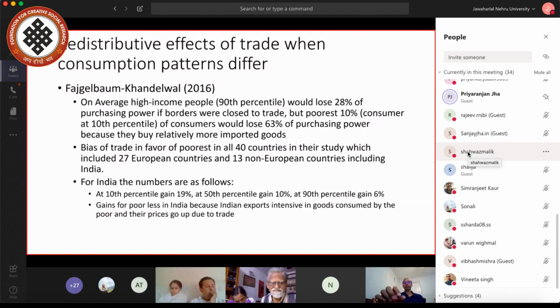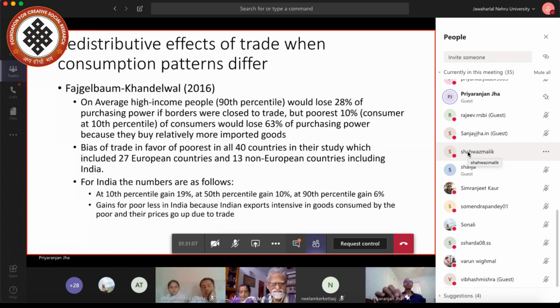And when you export these goods, their prices go up. The reason why you export them is because the prices are higher in the world market. So exporting these goods raises their domestic price as well, because if someone can export it at a higher price in the world market, they are not going to sell it at a lower price in the domestic market. And so that is part of the reason why the gains are less for India.